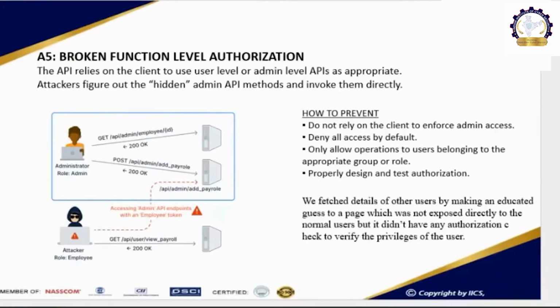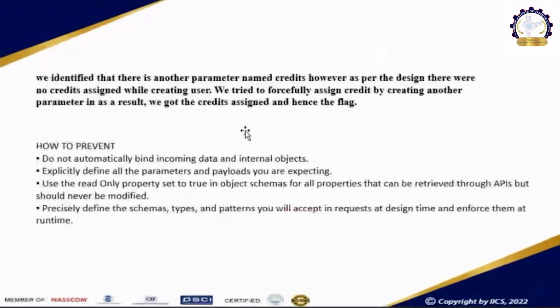We made an educated guess to a page which was not exposed directly to the normal user, but it didn't have any authorization checks. It doesn't ask me for any password or passphrase to verify first before letting me enter. It doesn't do any type of authorization check to verify the privilege of the user. So that is all about A5, broken function level authorization.